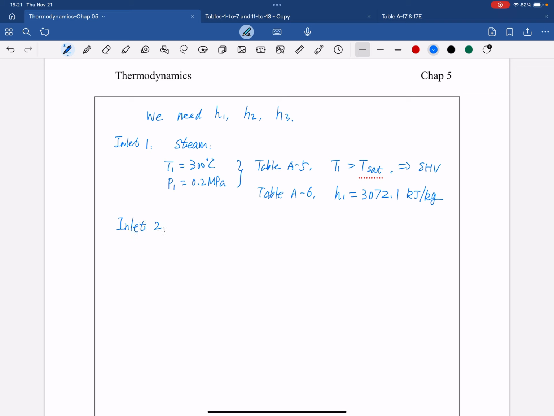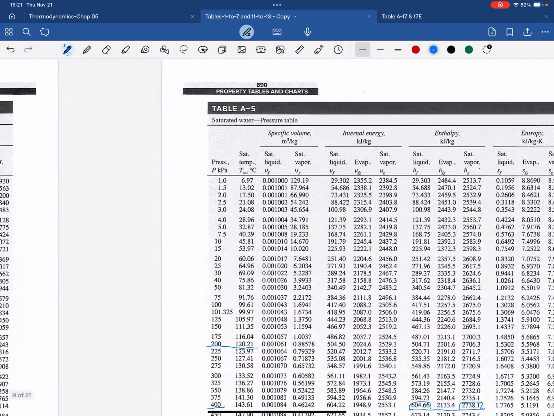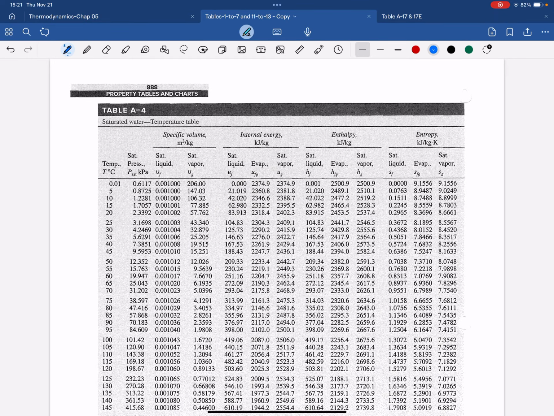Then let's take a look at inlet number 2. The given condition is T2 equals 20 degrees Celsius, P2 equals 0.2 megapascal. We can go to table A4, 20 degrees Celsius. We got the P sat is only 2.3 kilopascals, and our given condition is 200 kilopascals.